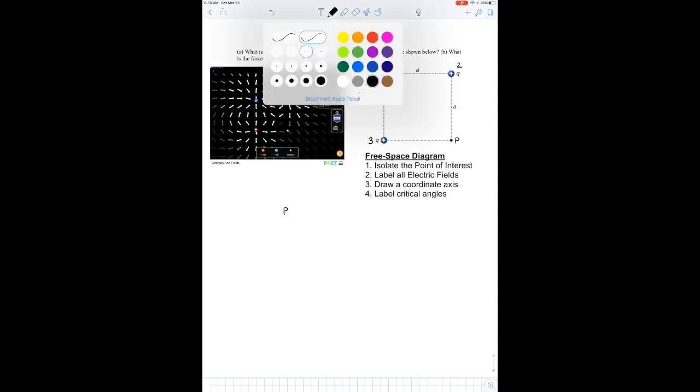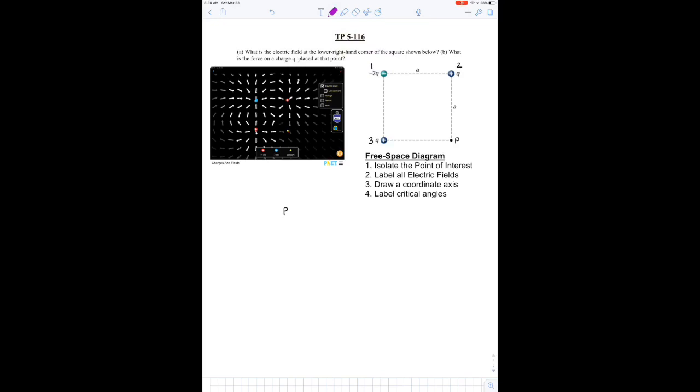We'll start with the electric field being felt from charged particle 1. That's where there are 2 negative charges, Q, at the top left-hand corner at location 1. Negative charges always have electric field lines that point towards them.